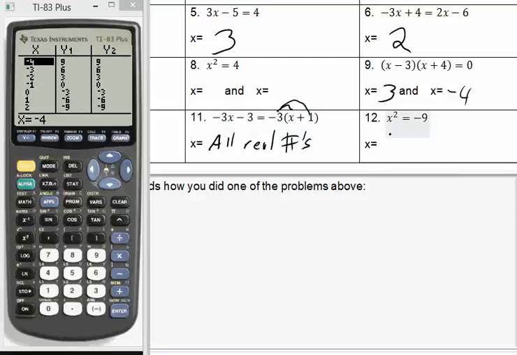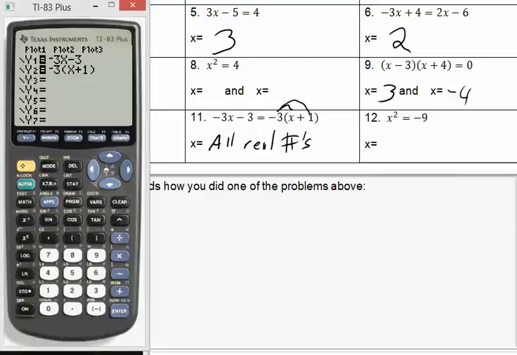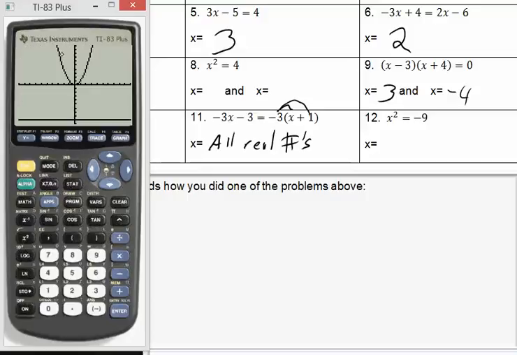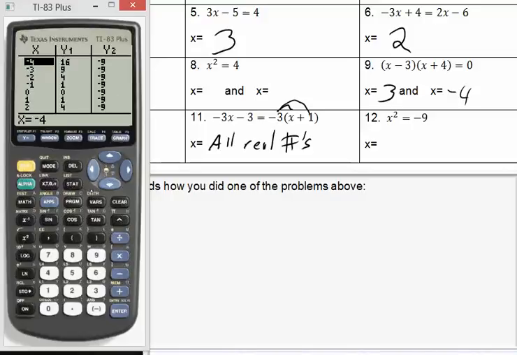Now this one, you got a similar problem, but a little bit different. So if we have x squared and negative 9, if we look on our graph, that never touches that. So since they never touch, if we look on the table, this is never going to be negative 9. See, the lowest it got was 0.